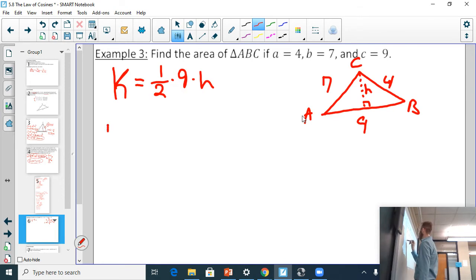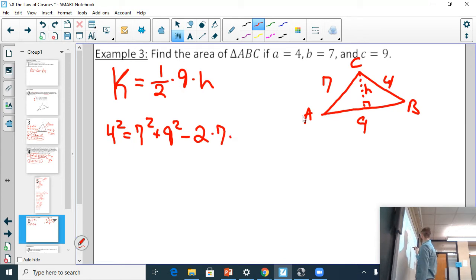So if I'm looking for A, I'm going to do 4 squared equals the other two sides squared and added together, 7 squared plus 9 squared minus 2 times the other two sides, 7 times 9, times the cosine of the angle, right? And again, I'm going to nicen that: 2 times 7 times 9 is 126.